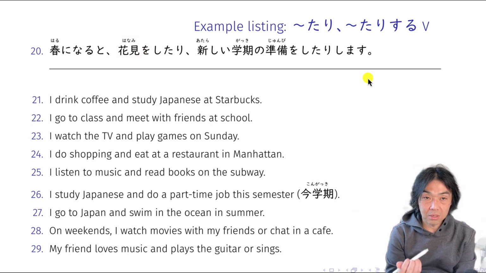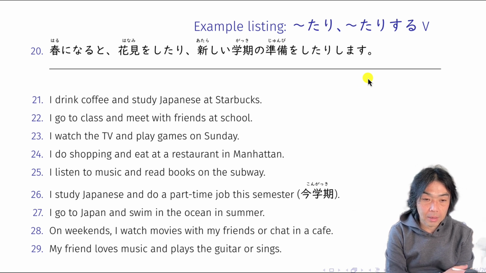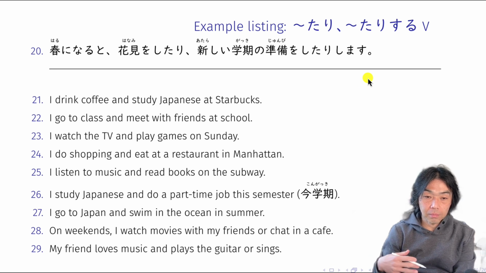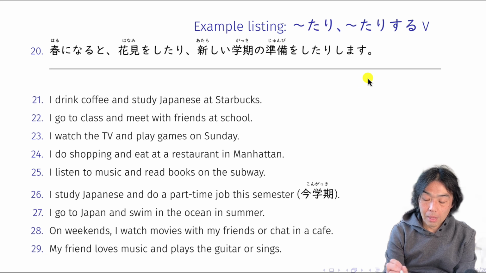It's usually cherry blossom. So you just have a party, a picnic, when the cherry blossom is in bloom. 楽器 is a semester. 準備 is the preparation.